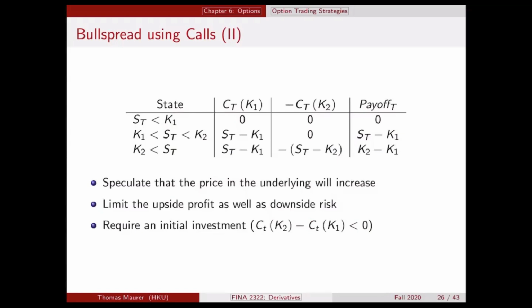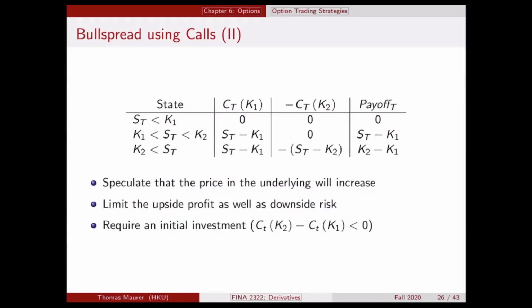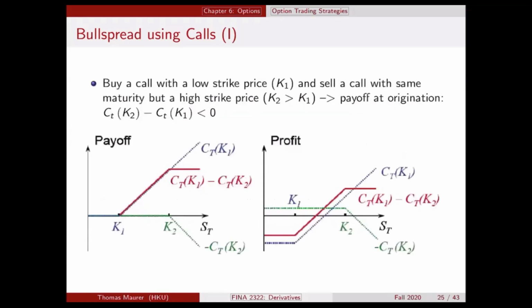The payoff is ST minus K1 if ST is between K1 and K2. That's this increasing 45-degree line. And the payoff is K2 minus K1 when the price of the underlying is above K2. So that's this horizontal line over here.